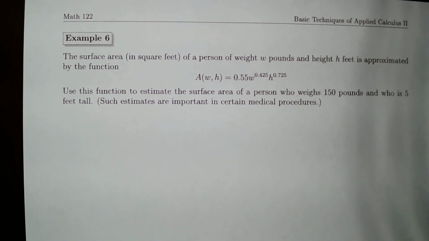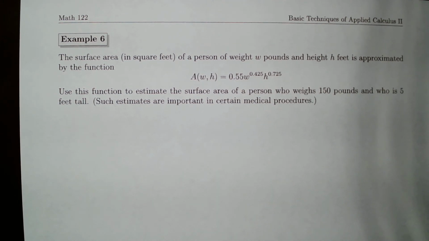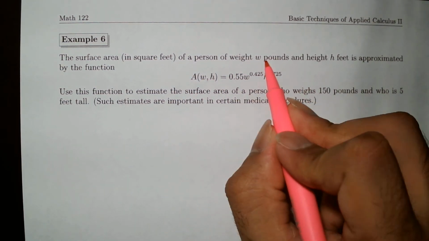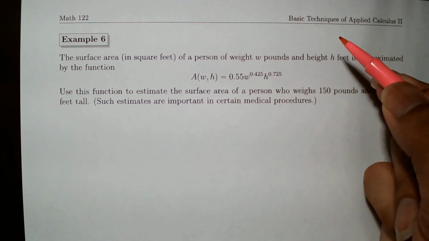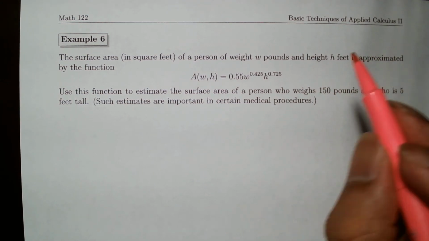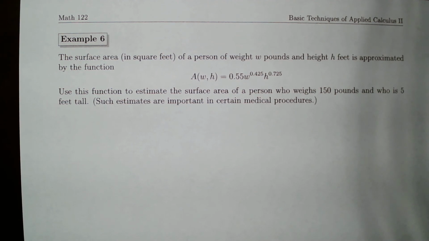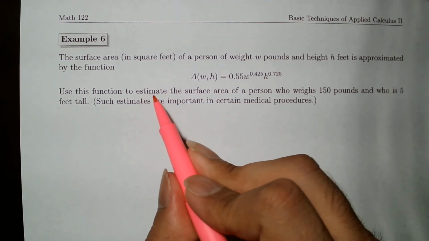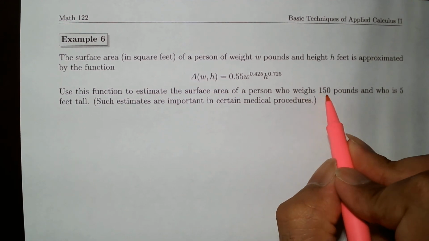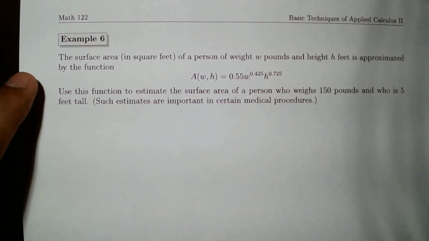A very typical problem in applied biology is using this formula right here, which is useful to find the surface area of a person that weighs W pounds and has a height h in feet. So it's an approximation. It's not perfect, it's not the exact answer, but it's a good approximation. So we're going to use this formula to find the amount, basically the amount of skin in terms of area, of a person who weighs 150 pounds and is 5 feet tall.